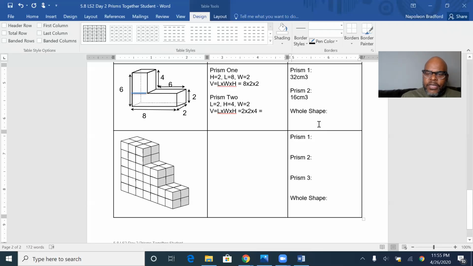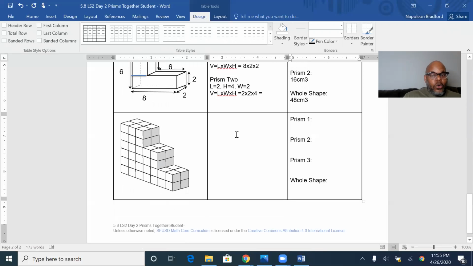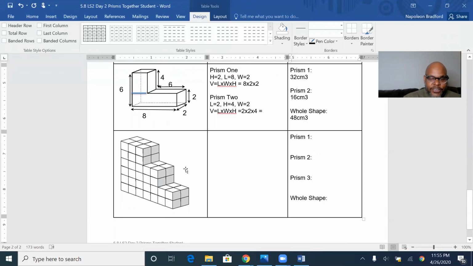All right, so that means the whole shape is equal to prism 1 plus prism 2, which is 32 plus 16, which gives you what? 48 centimeters cubed. Good job.